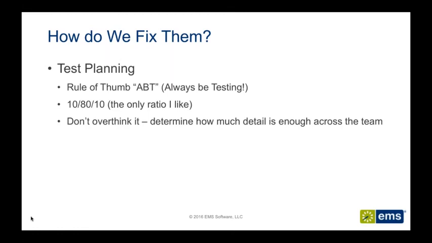If you see the next bullet point here, I like a ratio, and this is the only ratio that I like, because if you've ever talked to me or read anything that I've written, I tend to shy away from, and am very vocal about, staffing a testing team simply based off the number of devs associated with that team.